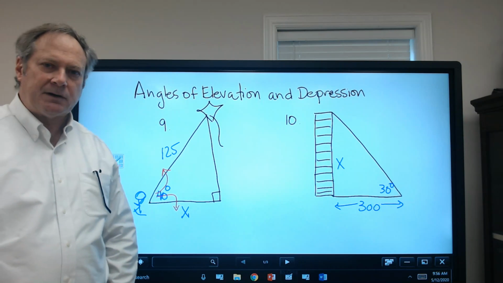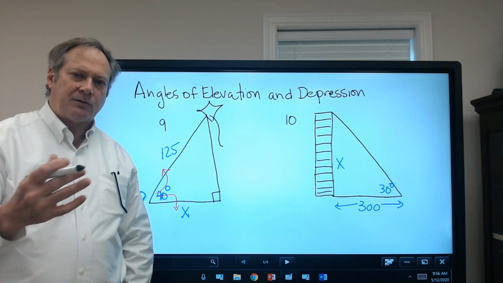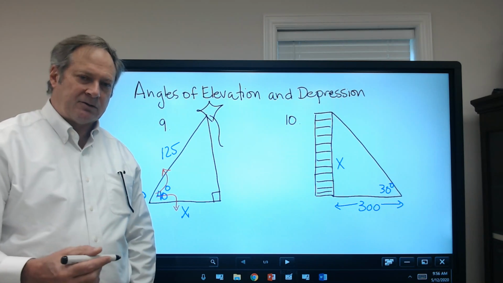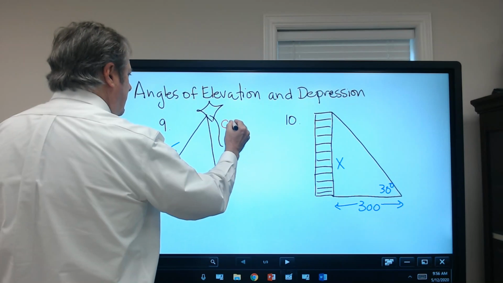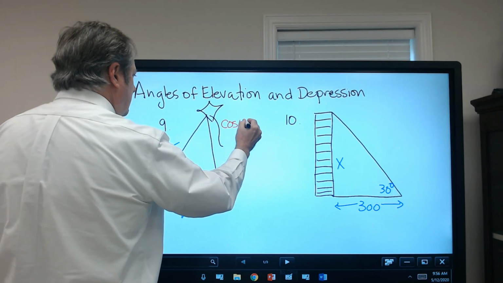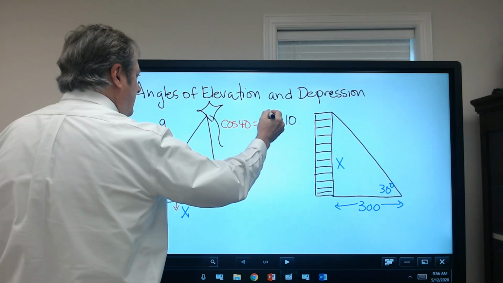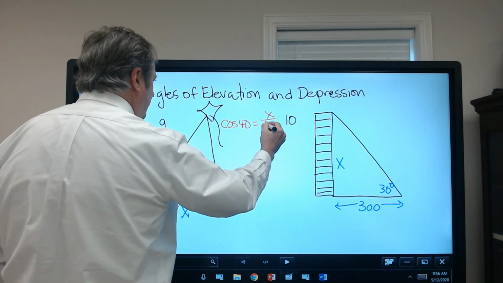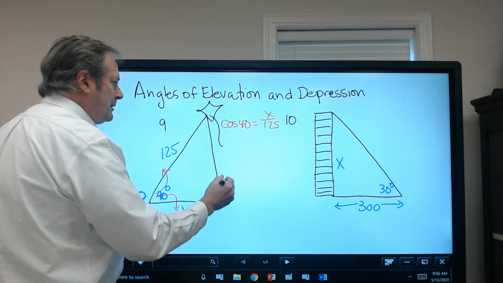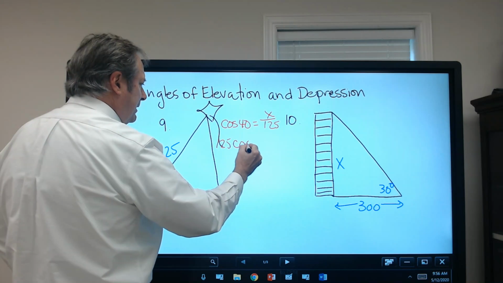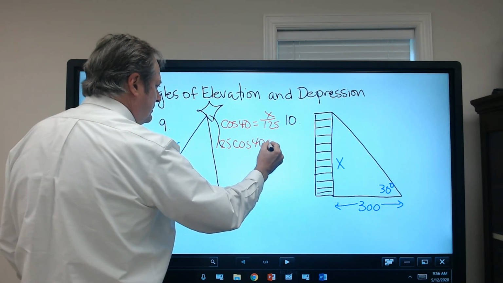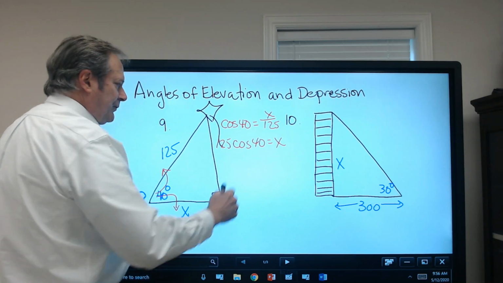So what trig function deals with adjacent over hypotenuse? Hopefully you're remembering that's cosine. So we're going to take the cosine of 40 degrees equals the adjacent over the hypotenuse, and then we're going to multiply both sides by 125, and that will give us the length.